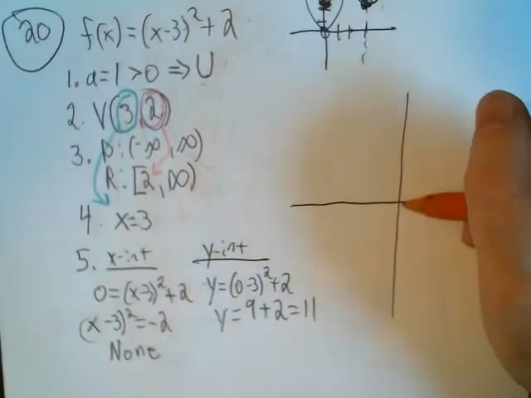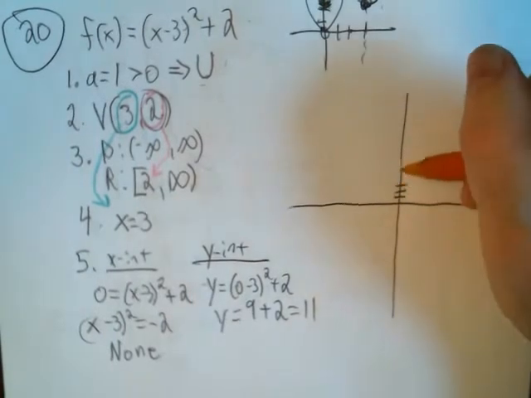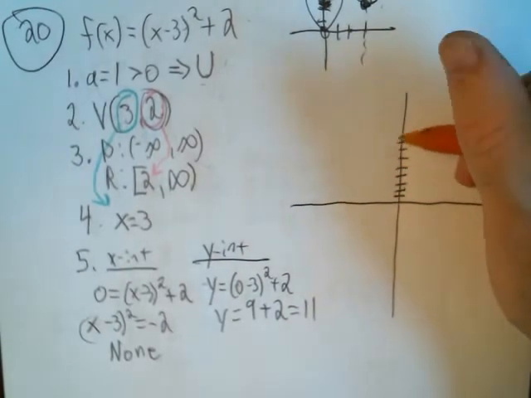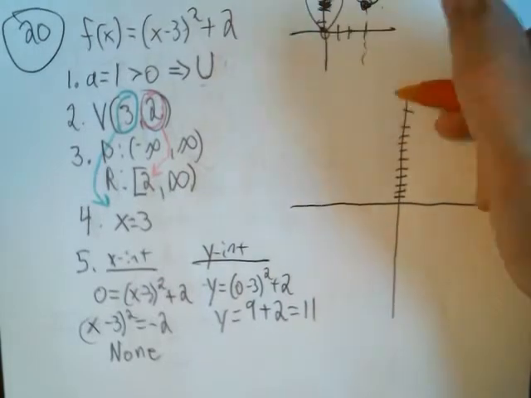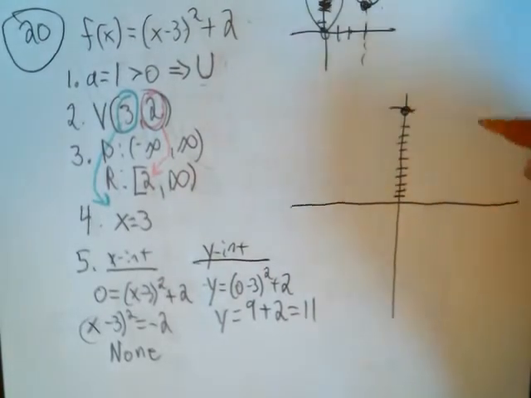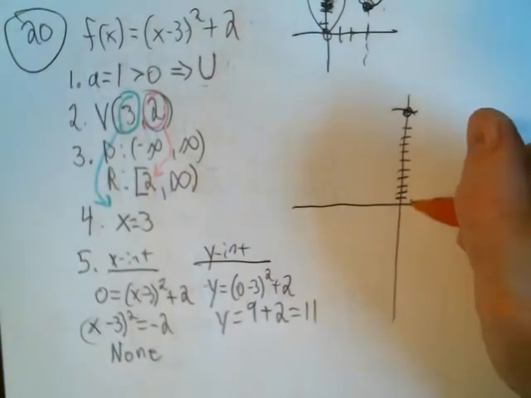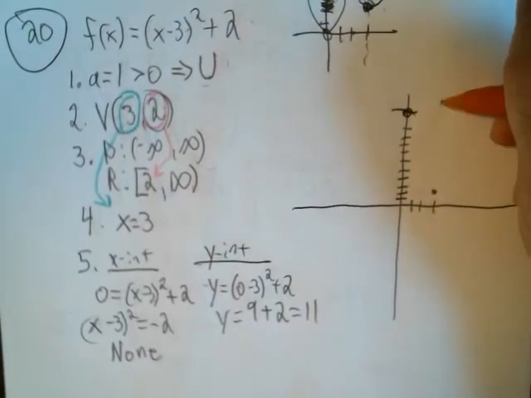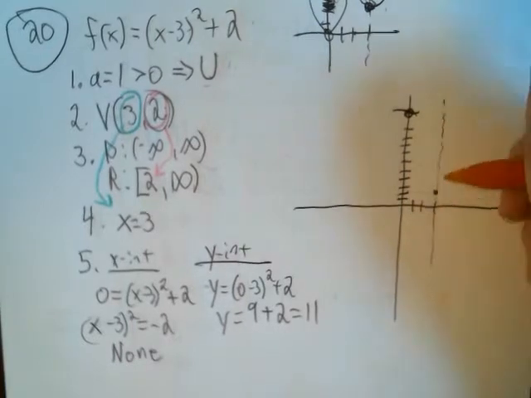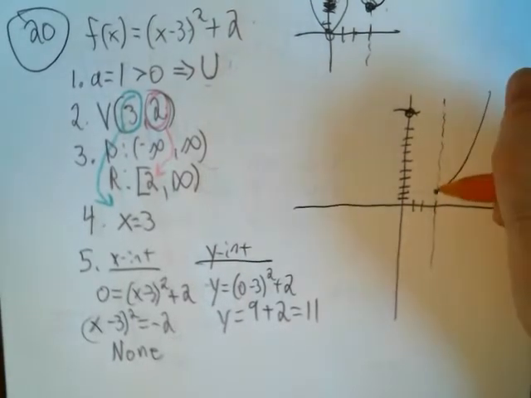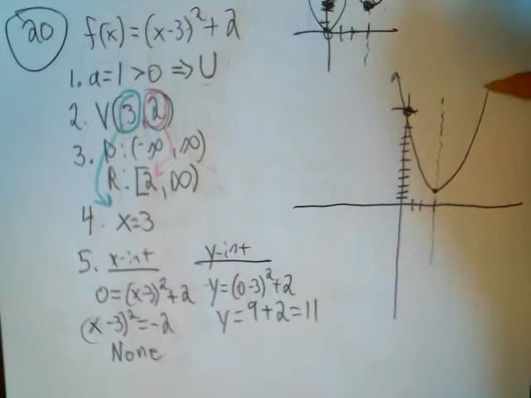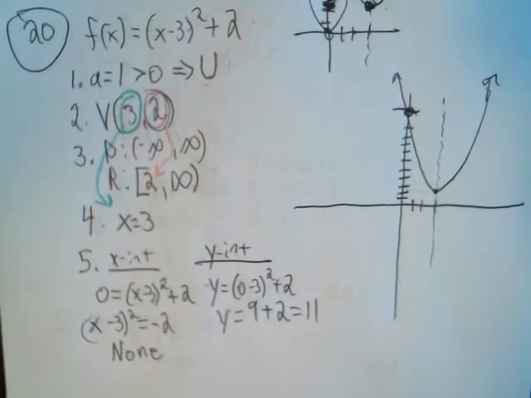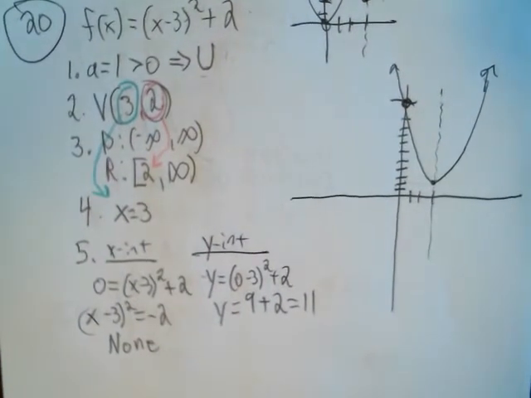It looks like I need a lot of y: 2, 3, 4, 5, 6, 7, 8, 9, 10, 11 will be the y-intercept. Our vertex is at (3, 2). The axis of symmetry is right there as well. So we'll have this looking creature. There, presto.